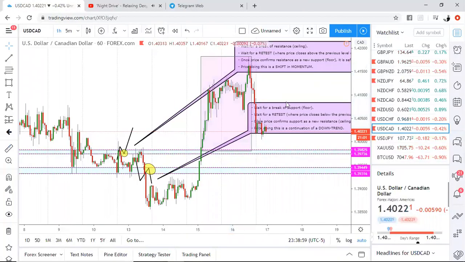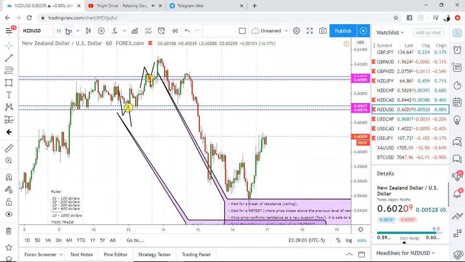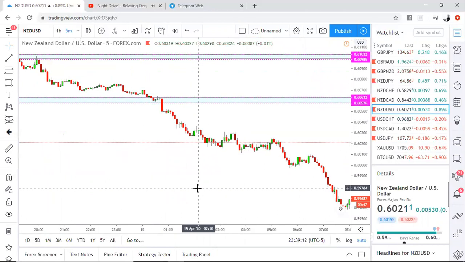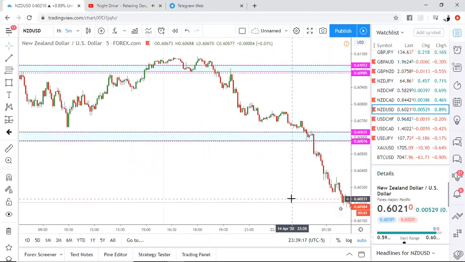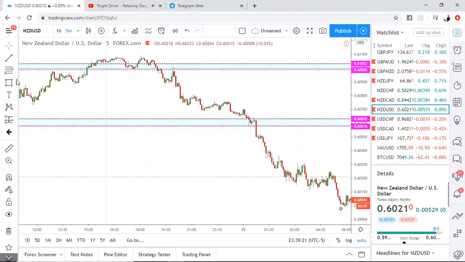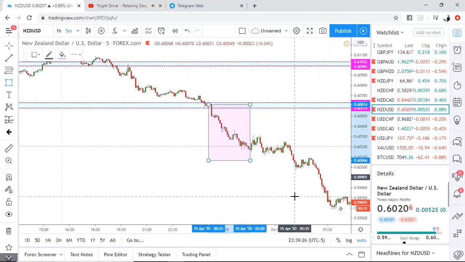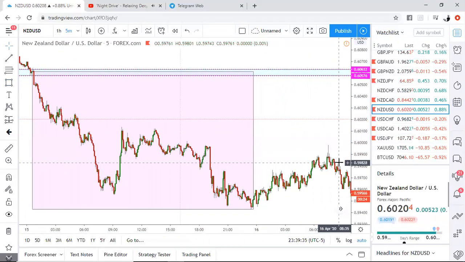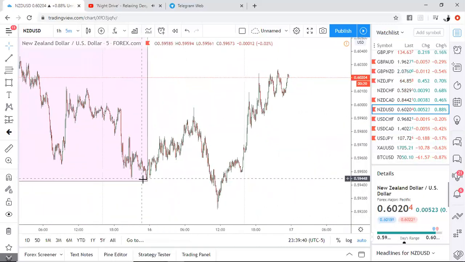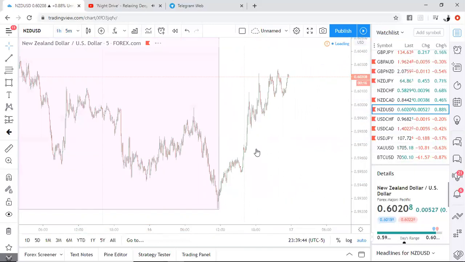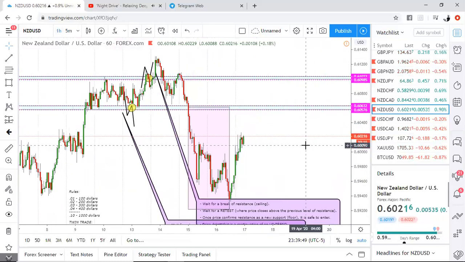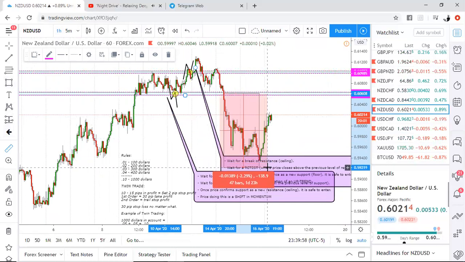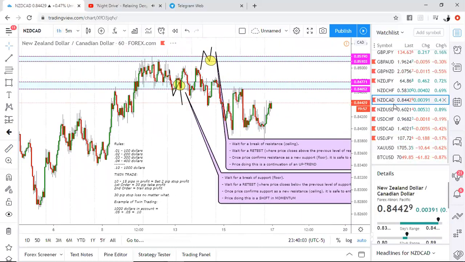Last one, or last two. And last but not least, NZD CAD.